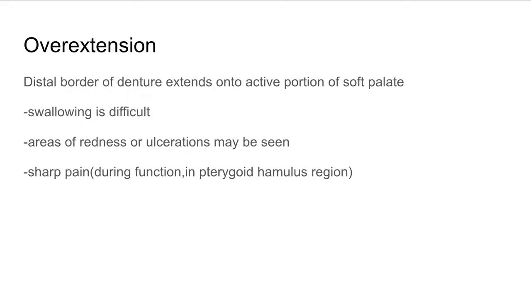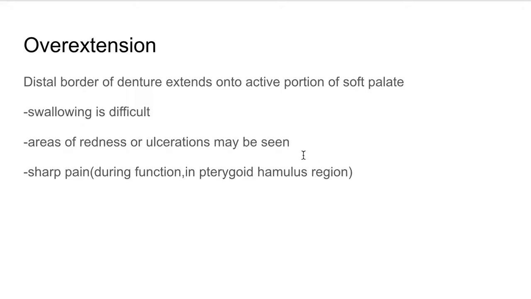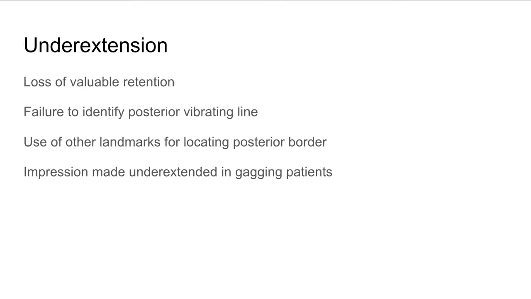The problems with having a PPS that is overextended and underextended. Now if the distal border of the denture extends onto the active portion of the soft palate, it will make swallowing difficult. Over the days, areas of redness and ulceration will appear, and there will be a sharp pain during function in the pterygoid hamulus region. If underextended, this will cause loss of valuable retention.